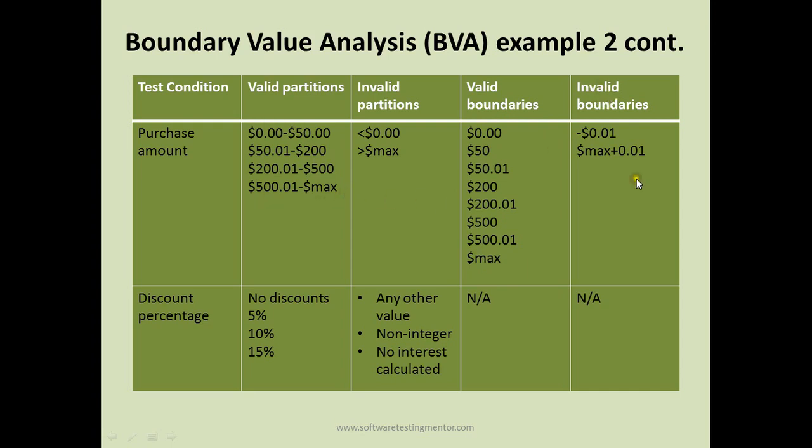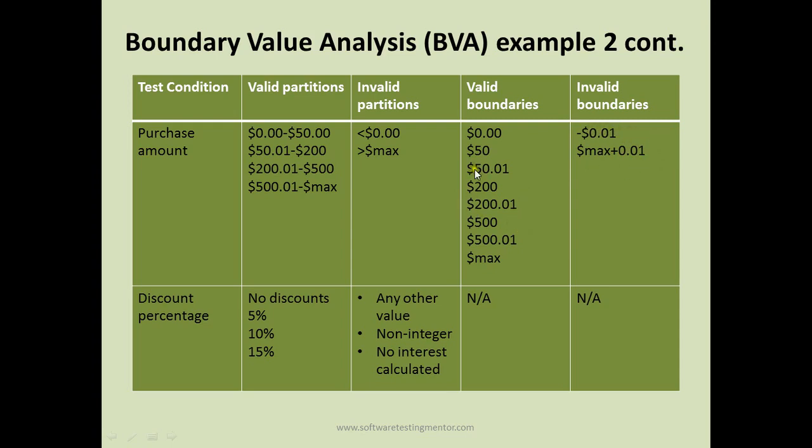And what will be the invalid boundaries? Anything less than 0, so you can say negative 0.01 or any negative value, and anything above the maximum plus 0.01. So these are the 2 invalid partitions.